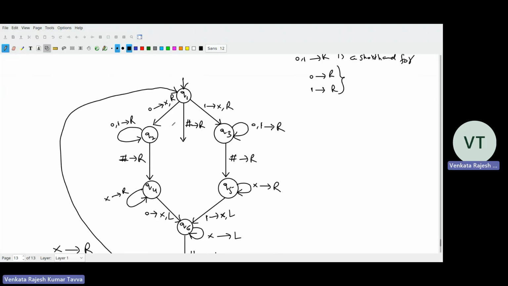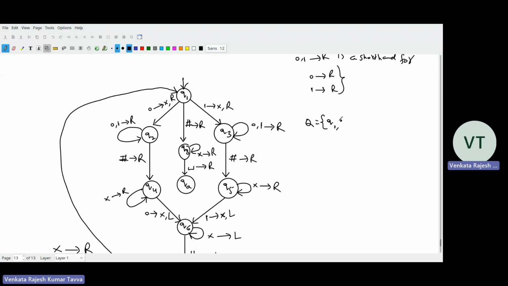So I'm in Q1, I saw a hash. Now I go to Q8. I skip all the cross symbols. And now if I see a blank, I accept. Let me quickly give its formal description.